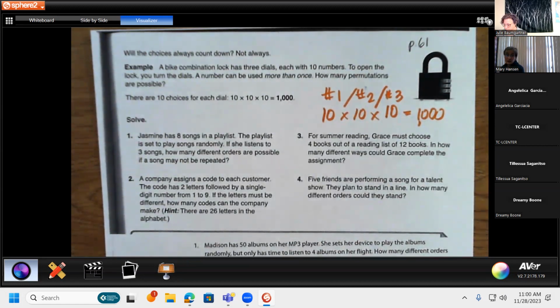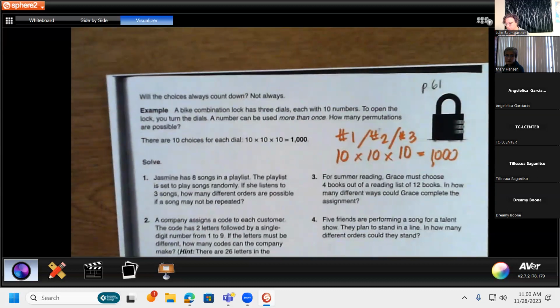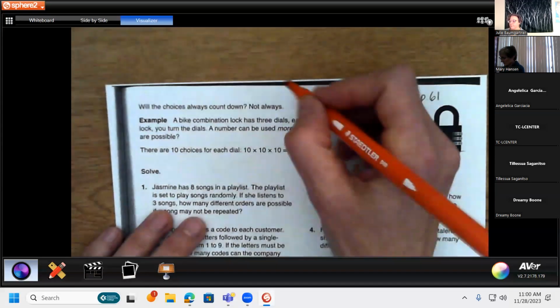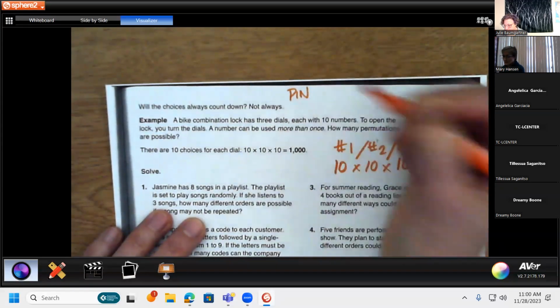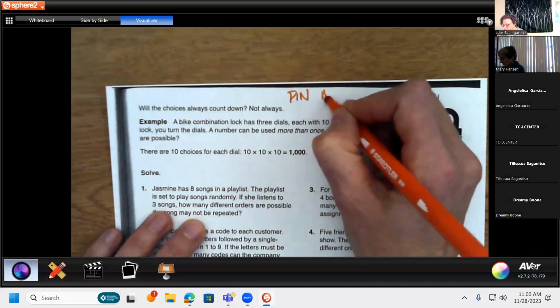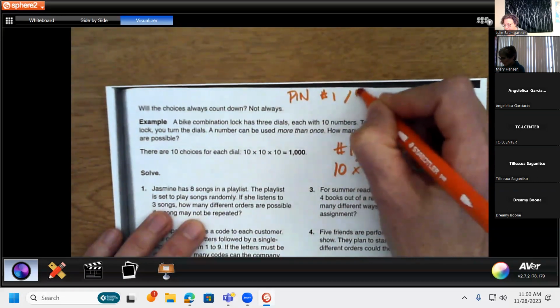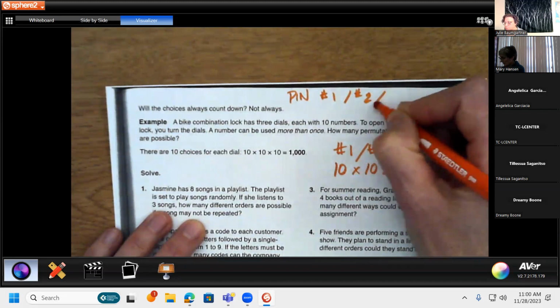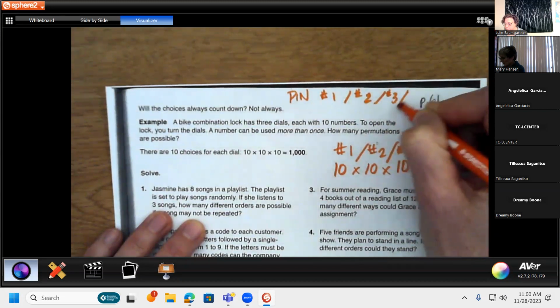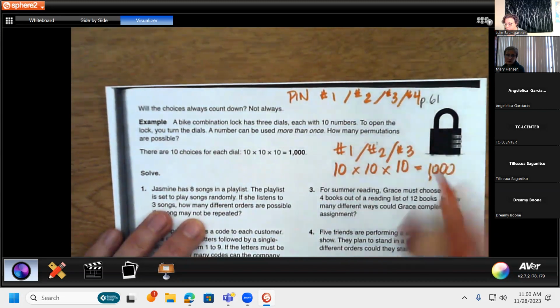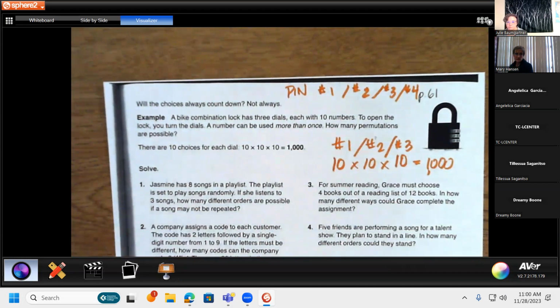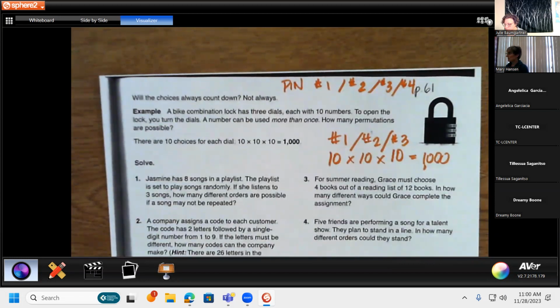So for example, if you were going to make a PIN number with 4 numbers, like if you unlock your phone with a PIN number. I know some people use more than 4 numbers, but let's just start with 4. There are 10 choices for the first digit of your PIN because we have 0 through 9, which is 10 digits.